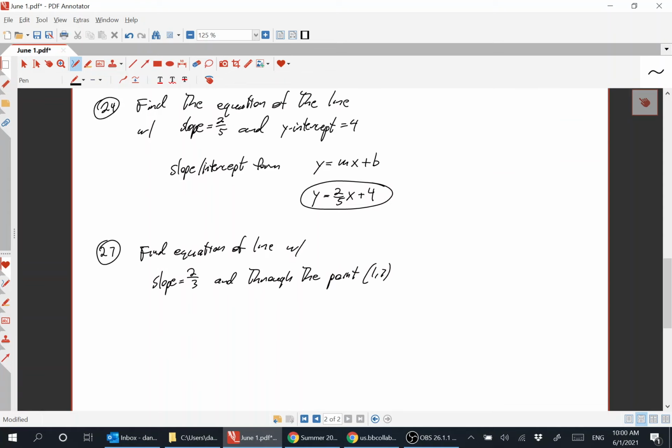So you have slope 2/3, and you're running through the point (1, 7). For the earlier one, you have y-intercept 4, and then the x-intercept is going to be what? 4 times 5/2, which is 10. So the intercepts are 4 and negative 10.